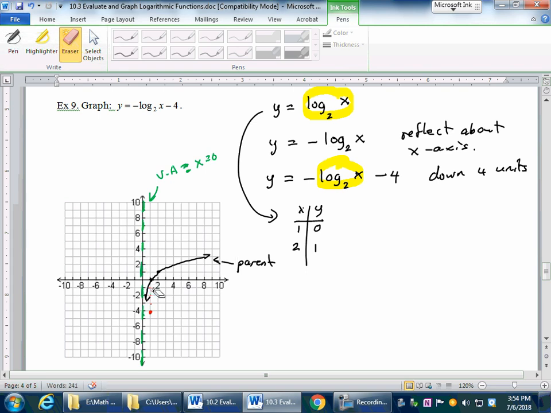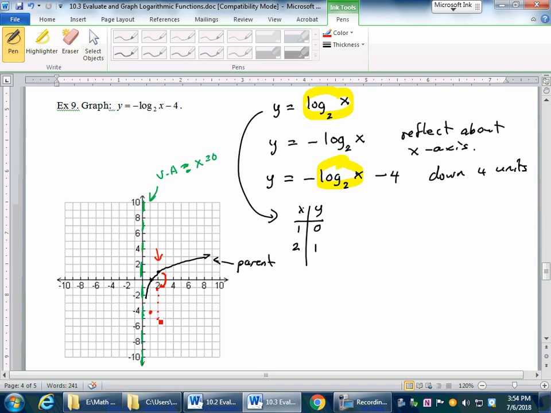Next, this point. When you reflect this point about the x-axis, it will be going down right here. And then from there, I'm going to shift down 4 units, so it'll be 1, 2, 3, 4 units, which is right there. And notice that the whole graph is going to be flipped around.